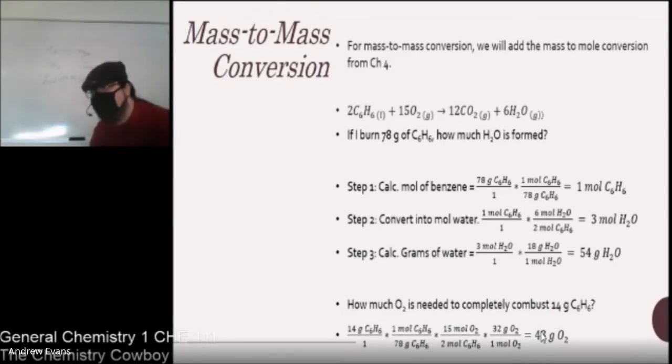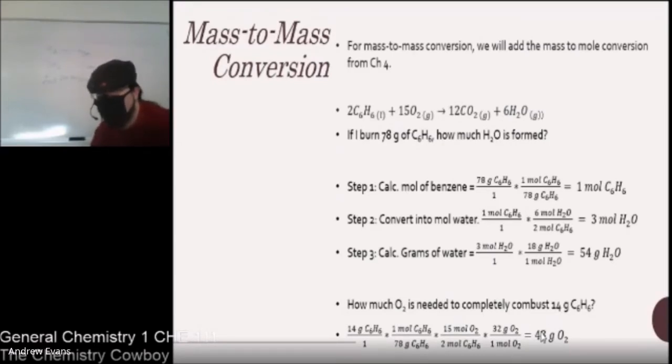And so the first thing you'd always want to do on this question, look at what you're given, look at what you're asked for, and think about how we're going to get there. The thing you always need to know, we're almost always going to go through moles. So you've got to look at molar masses.